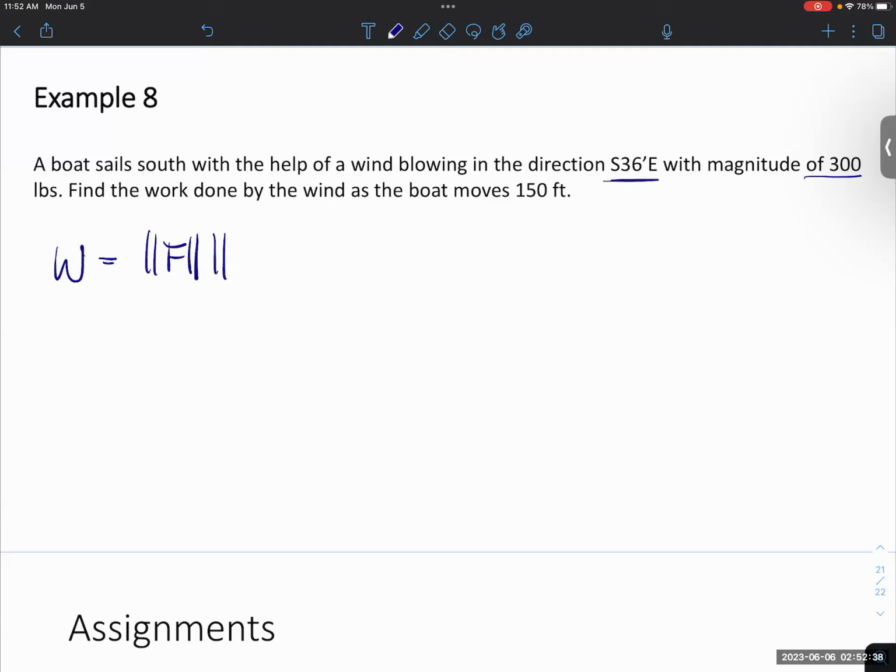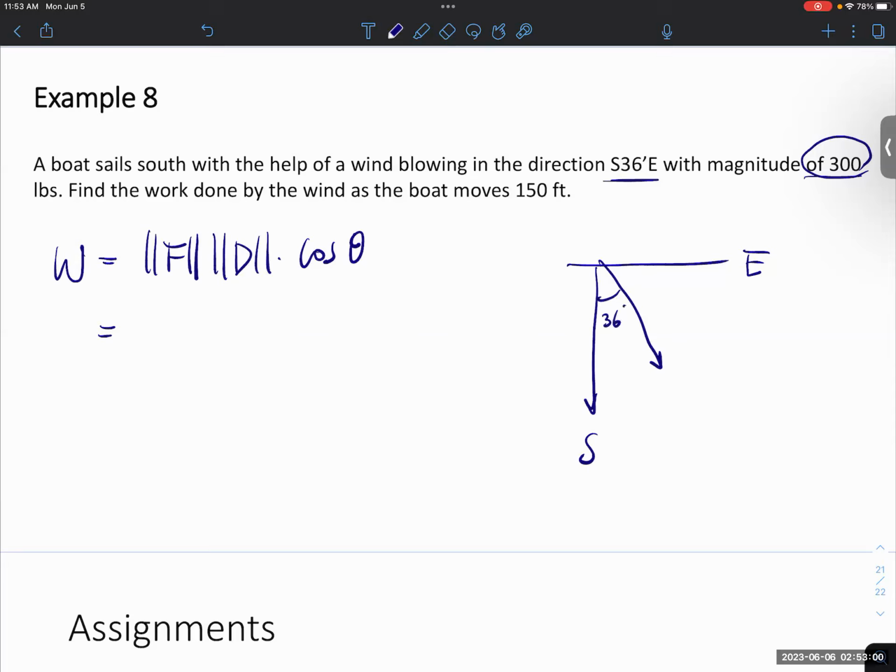You're going to use this formula, and cosine theta. Force is what? This is the force. You have east, you have south, and then they're looking for the force. They're creating the 36 degrees from south to the east.